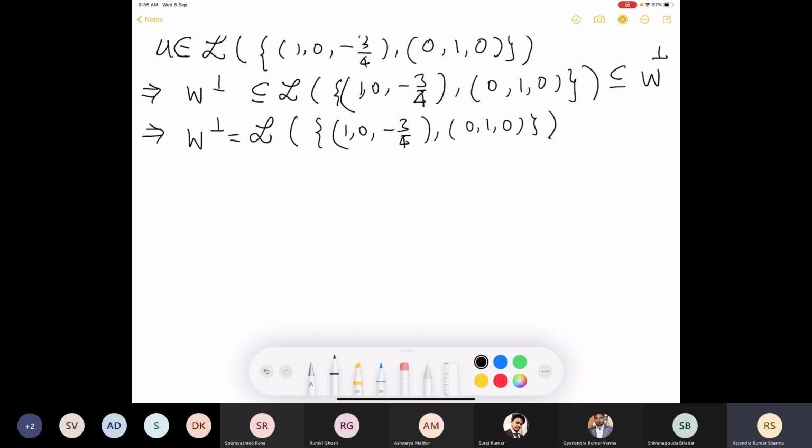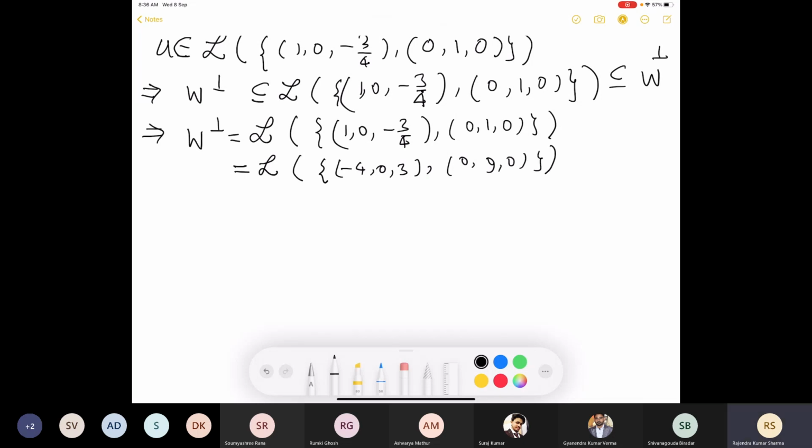This is also the same as the linear span of (-4, 0, 3) and (0, 9, 0).